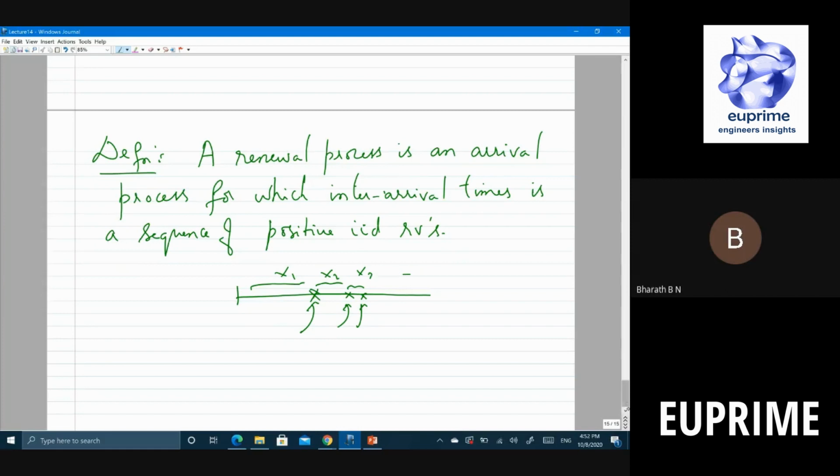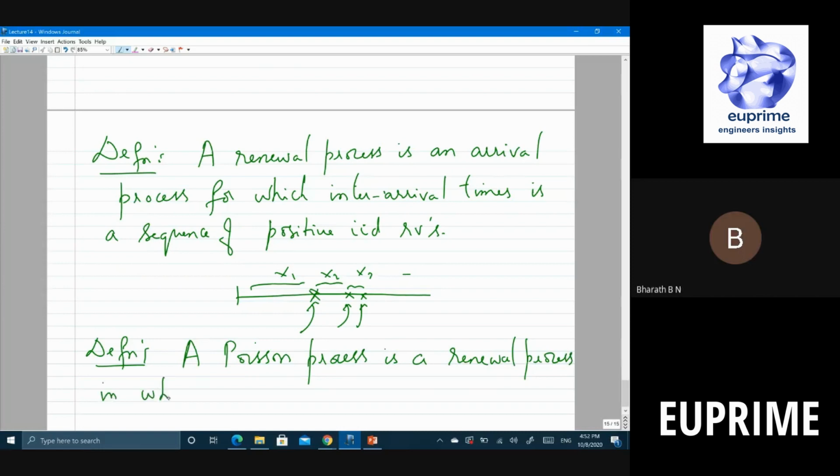Now I'll define what is a Poisson process and then maybe stop. A Poisson process is, of course, a renewal process in which the inter-arrival times have an exponential CDF.